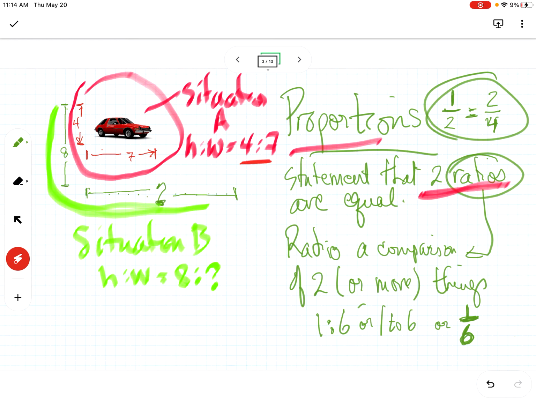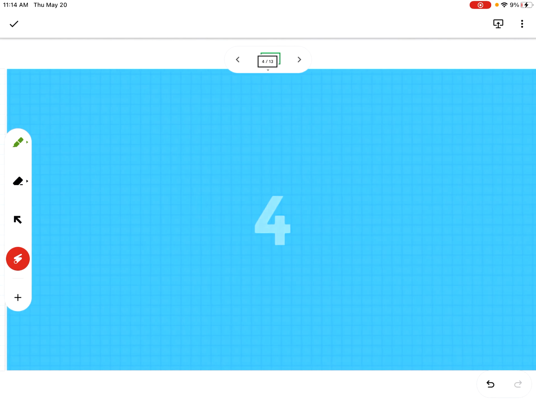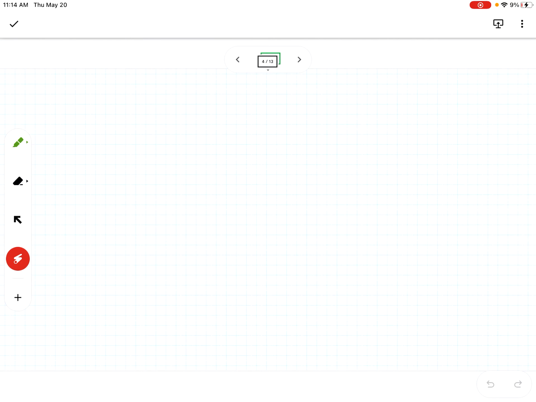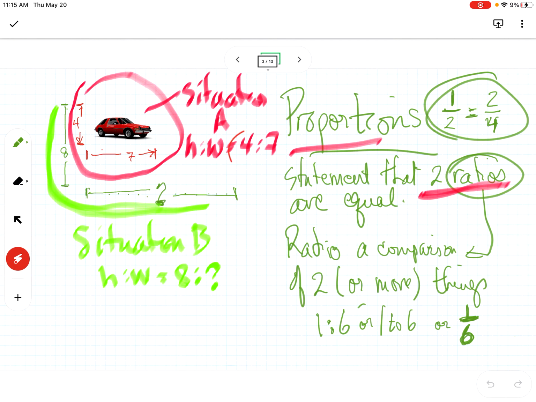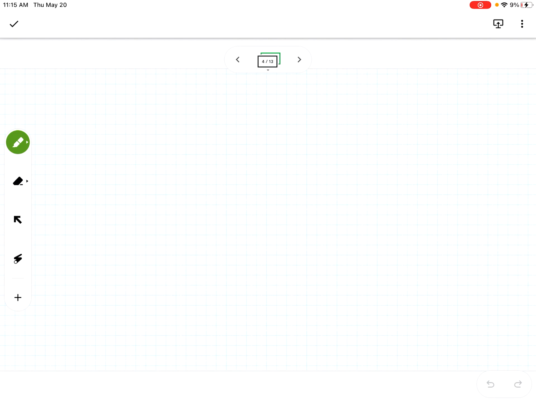So this is the ratio from situation A. This is the ratio from situation B. Let's bring those ratios forward and work with them. So for the ratio from situation A, we're going to continue to use red. I'm going to pick up the red marker, and situation A was comparing height to width.